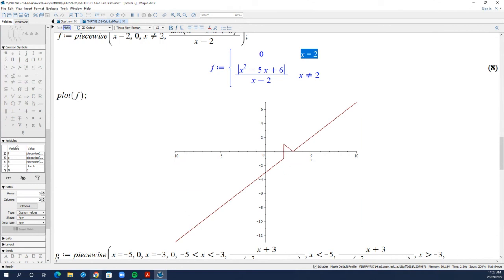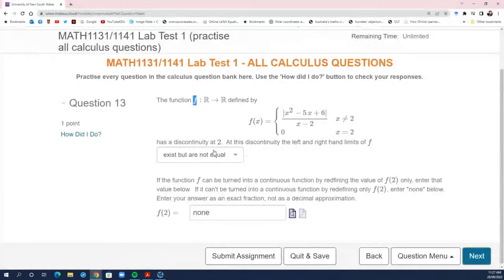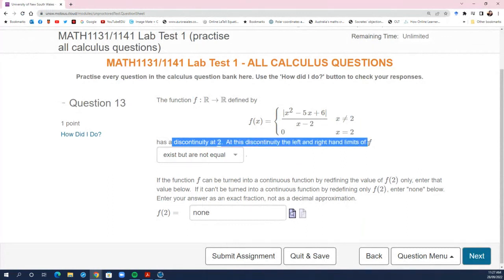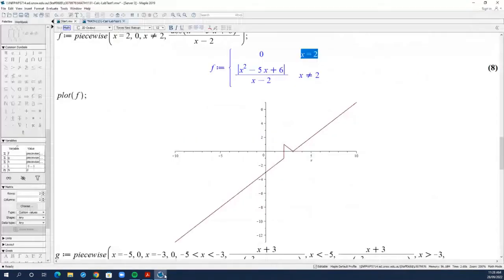Okay, so the question is, it has a discontinuity. At this discontinuity, the left and the right hand limits, I've said they exist or not equal, right? Let's have a look. Who can tell me what is the left hand limit as we're approaching 2? What is the value? Just from the graph. You don't even need to use the function, right? Who can tell me on the chat? Alison, you legend. -1, right?